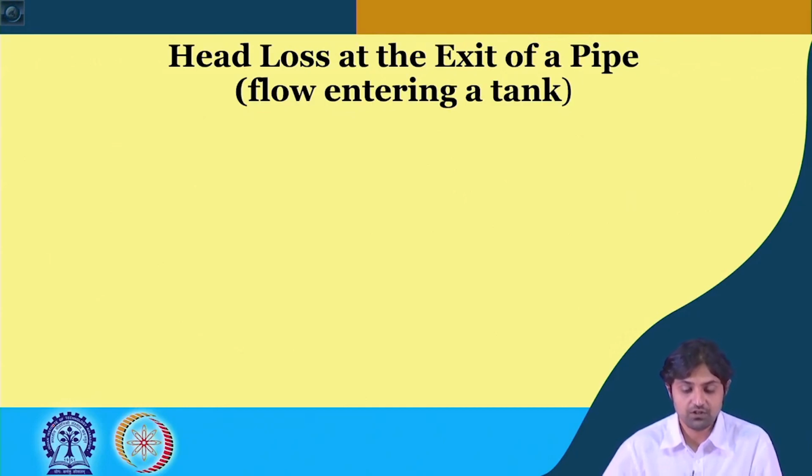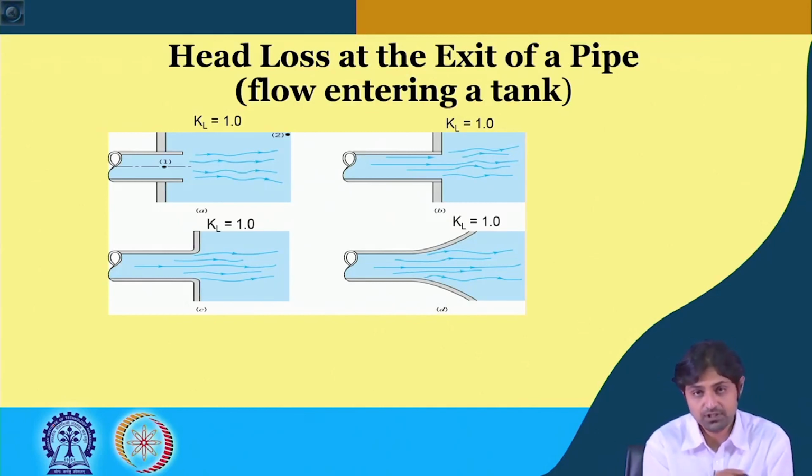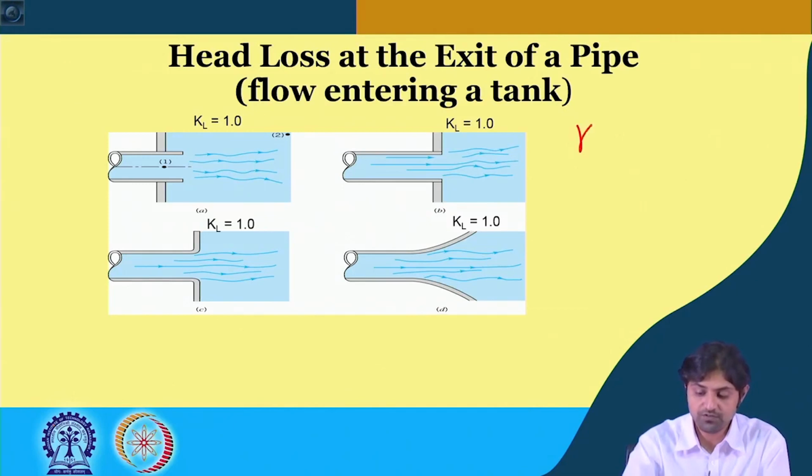Now, what is the head loss at the exit of the pipe? Something like this, when the pipe is terminating in a reservoir. When the pipe is terminating in the reservoir, what is going to happen? Whole velocity, because the reservoir is so big, everything is going to be lost. So K exit is always going to be 1, remember that.